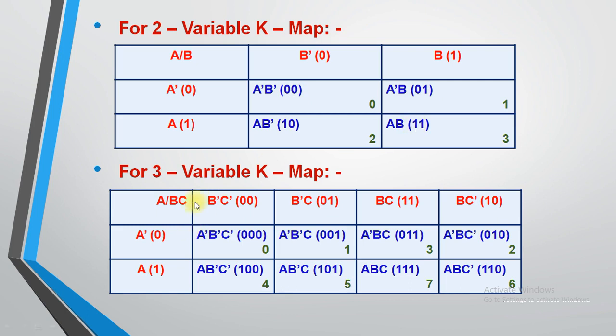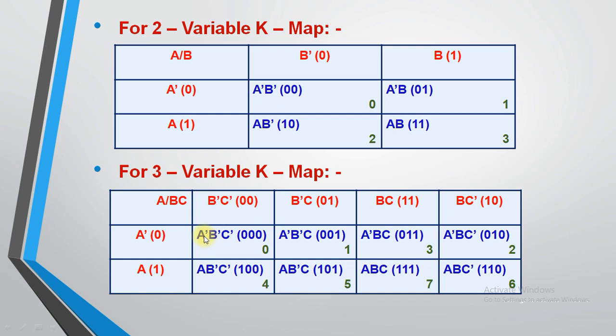Now see how to form a K-map for three variables. It is a bit different from two variables. See, in the first combination the value of A is what? 0, right? So over here 0, 0, 0 and 0. Now see, in this particular cell, you need to look at the left and at the top.